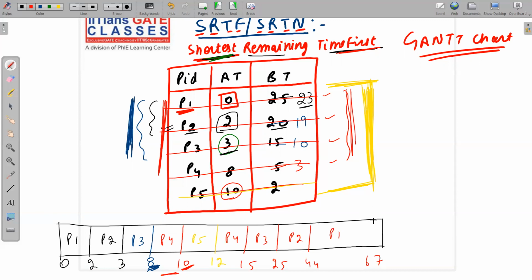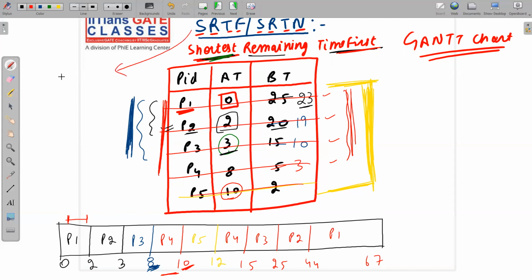Now, a very important point is coming. Please try to concentrate here. P1 was executed for only 2 units of time, and then the CPU was snatched from P1 and given to P2. That means P1 was not executed completely, and still the CPU was snatched from P1 and given to P2. So what does this mean?